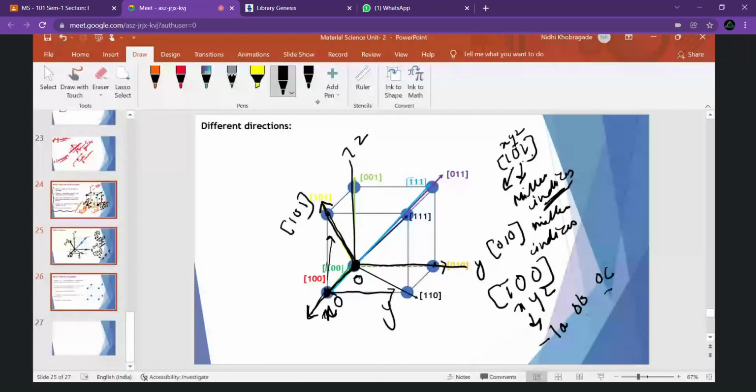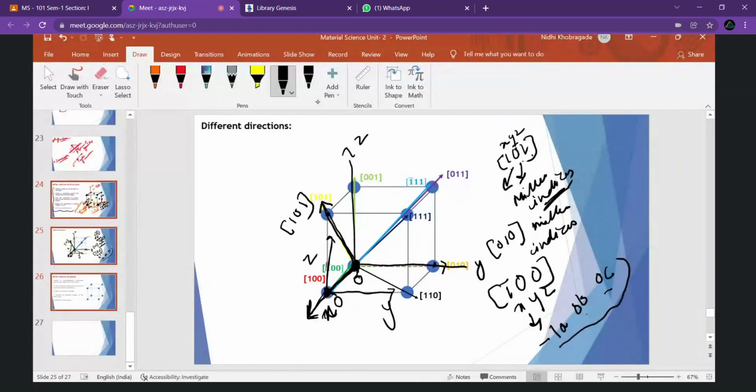Okay, so here the given Miller indices is 1 bar 0 0, minus 1a, 0b and 0c, right? So minus 1 means this side is the positive and this side will be the negative side for the x-axis. Okay, so here from this origin it will move in this direction, that will be the negative direction. According to this given Miller indices, this is minus 1, right?